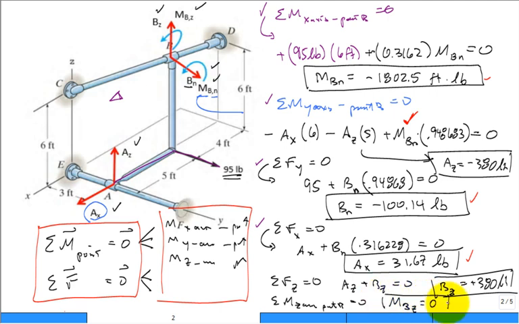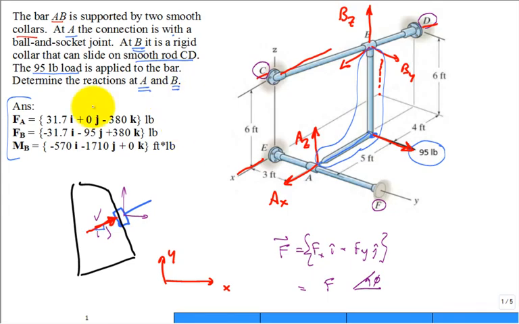I run out of room, so you can go back and express these. What is this? This is FAX. What is this? FAY. We said it was 0. We didn't even put it in there, did we? The AY. And then this is the FAZ or AZ, which we found to be negative.